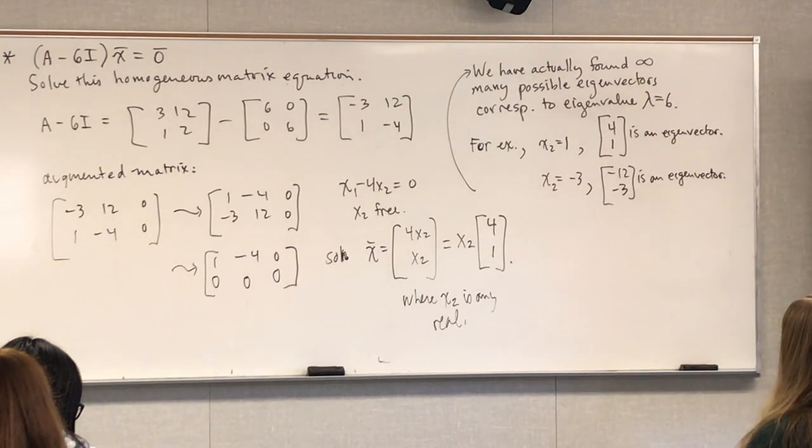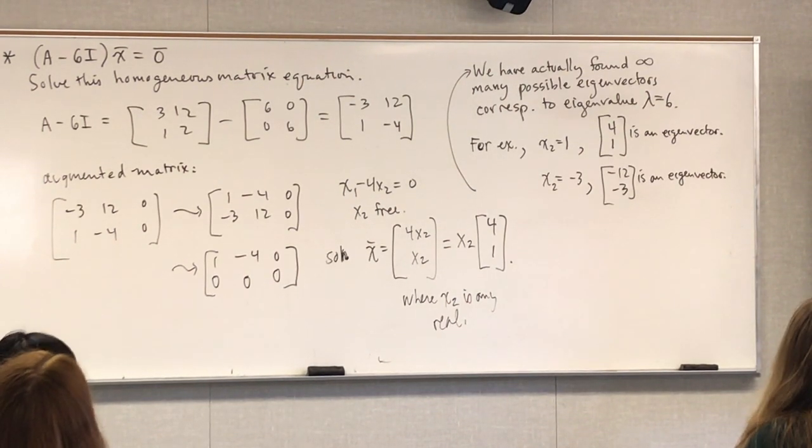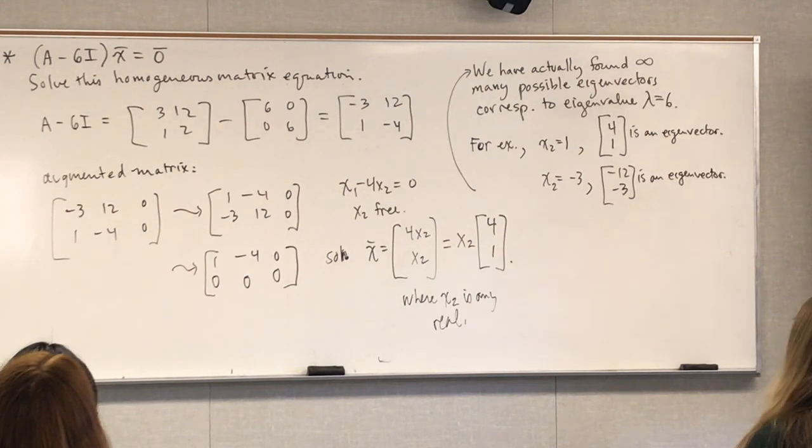So I think you can see that because we obtain these eigenvectors by solving a homogeneous system, we tend to get this vector subspace of solutions. We're going to tend to get infinitely many.